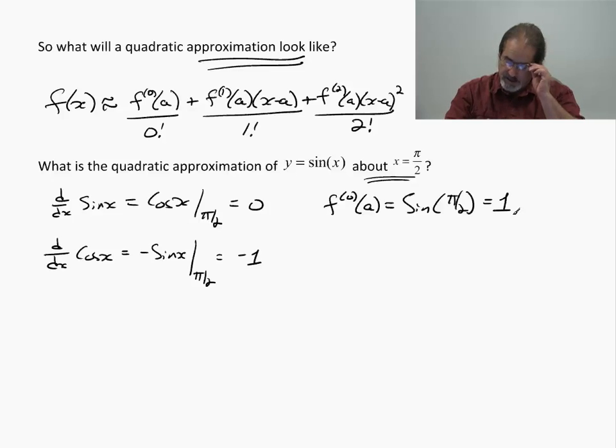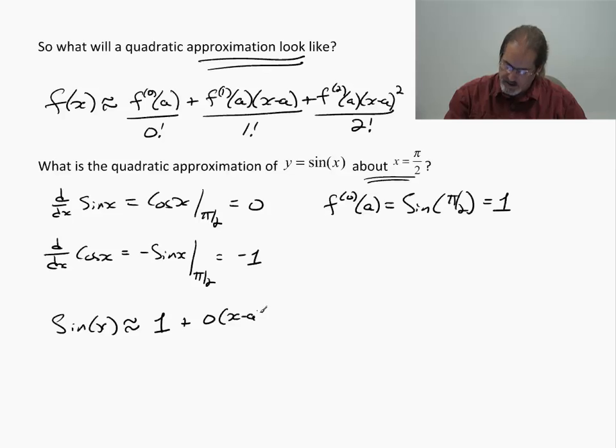So my quadratic approximation will be: sine of x is approximately equal to the 0th derivative, which is 1, plus the first derivative, which is 0, times (x minus a) to the first, plus this negative 1, so let's just make that a minus, 1 times (x minus a) squared over 2 factorial. Well, obviously the middle term is just 0.